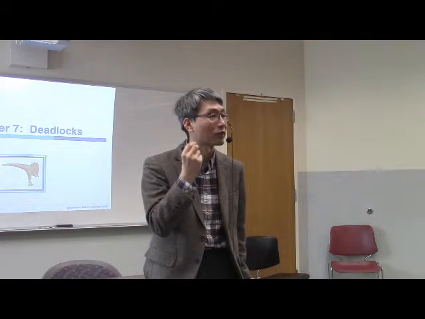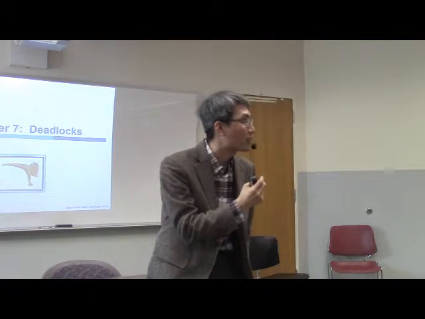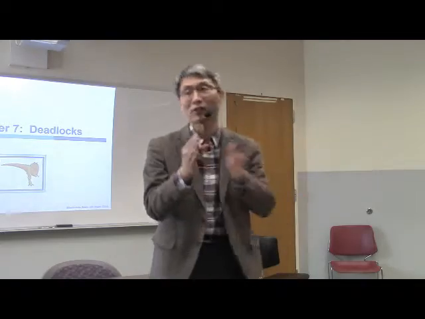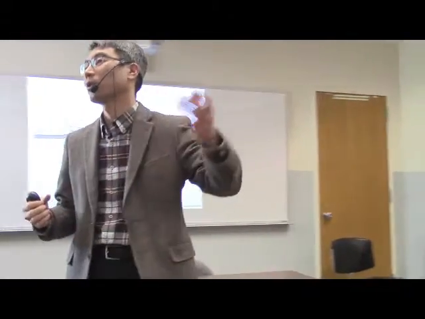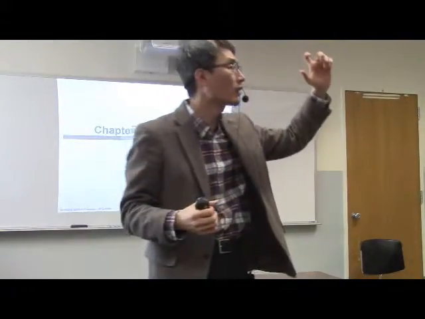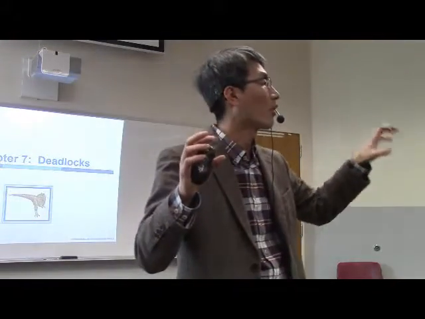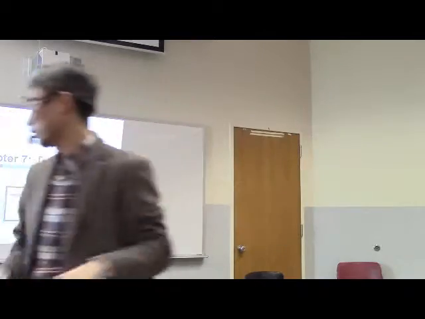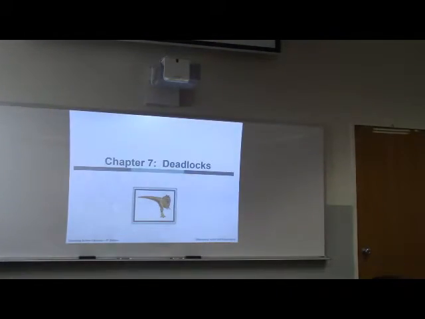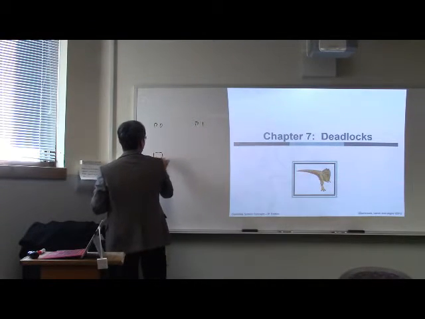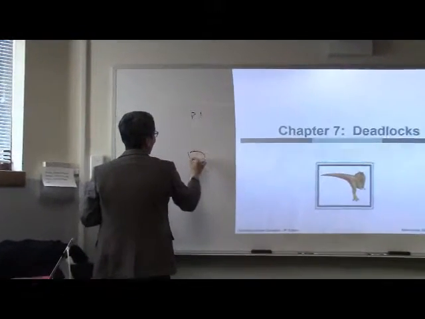Do you remember that? When a process accesses the critical section or shared data, each process gets the mutex lock. For example, there are two shared data and two processes. Each process already got the mutex lock for each shared data. So process 0, process 1, and shared data 0 and shared data 1.